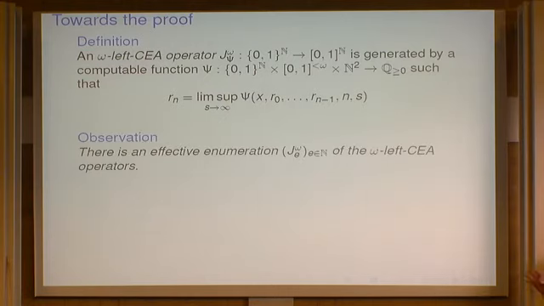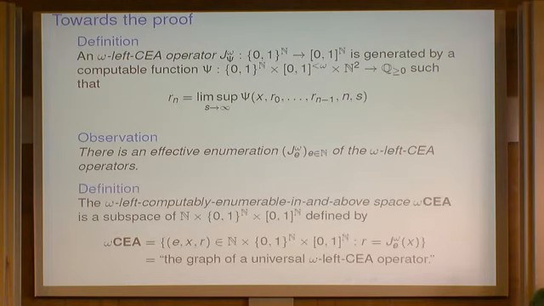We can enumerate these in a sensible way, and then we can define a subspace of the integers times Cantor space times the Hilbert cube, essentially as the graph of a universal omega-left-CA operator.